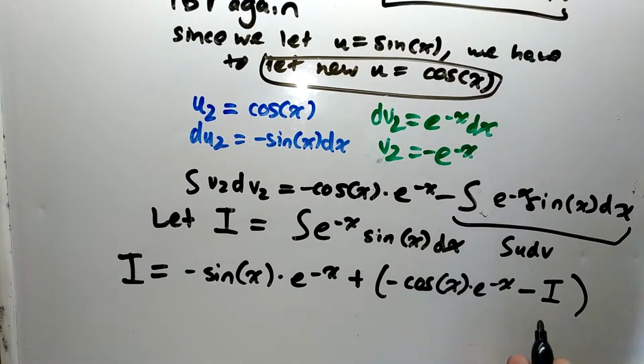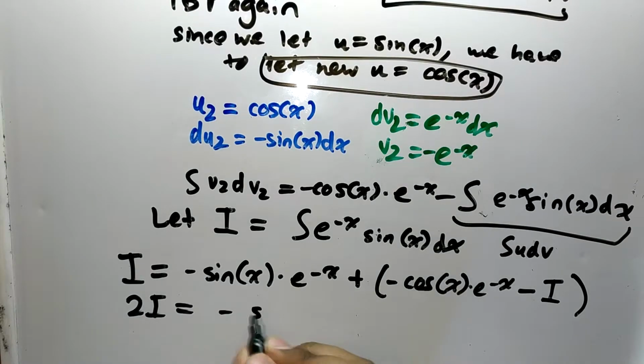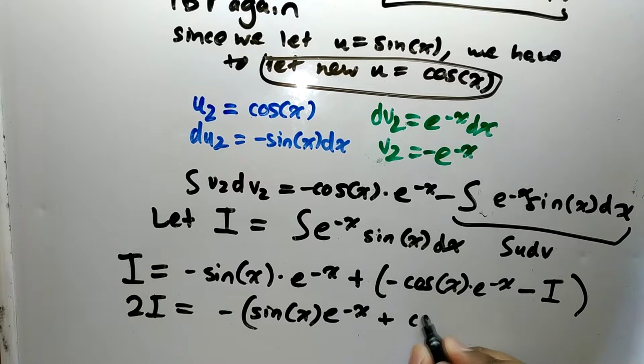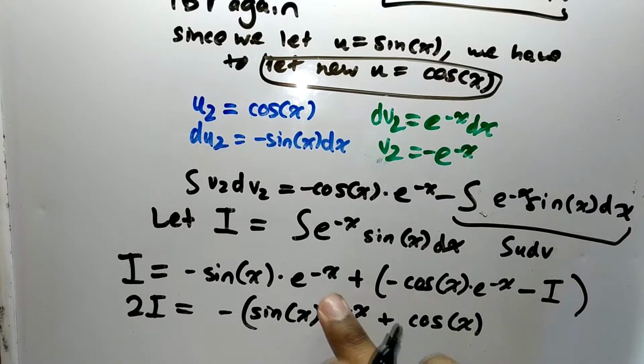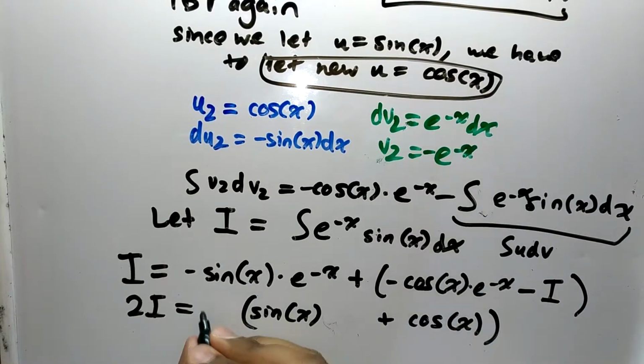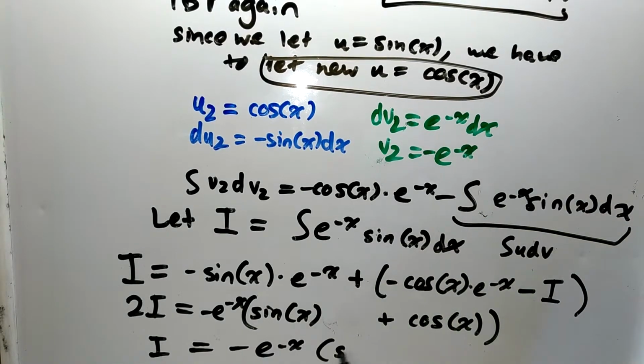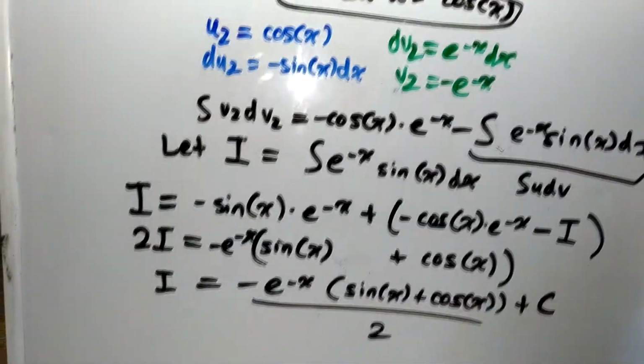We can then move the I's to the other side, so we're left with sine x times e to the negative x, and I'm going to factor out the negative. In fact, I'm going to factor out the e to the negative x as well. So then in the next step we can just get our answer by dividing both sides by 2.